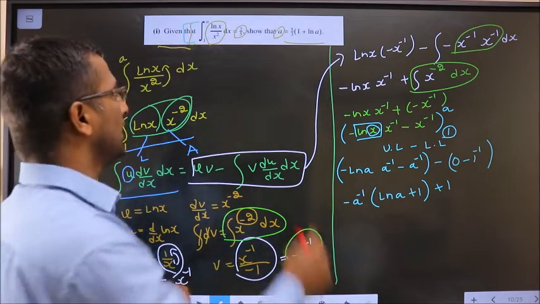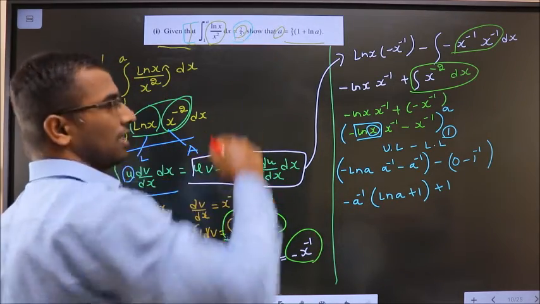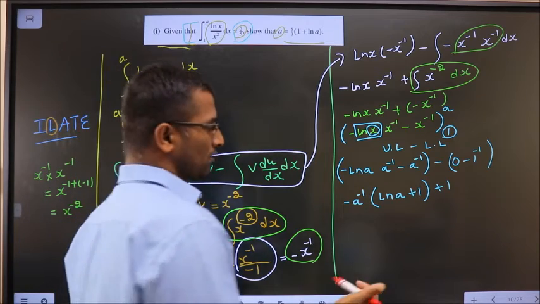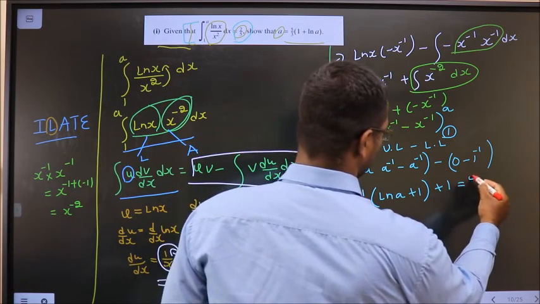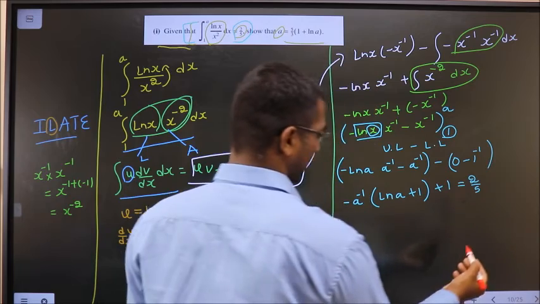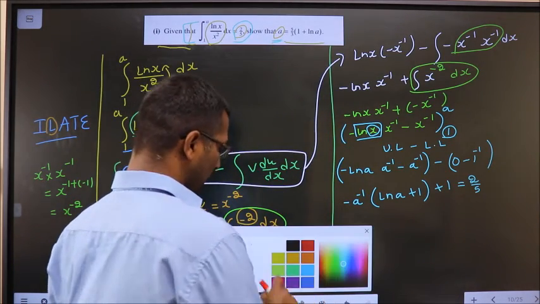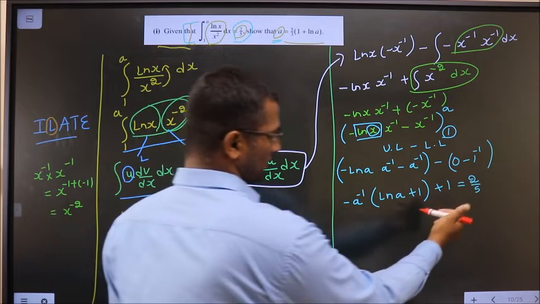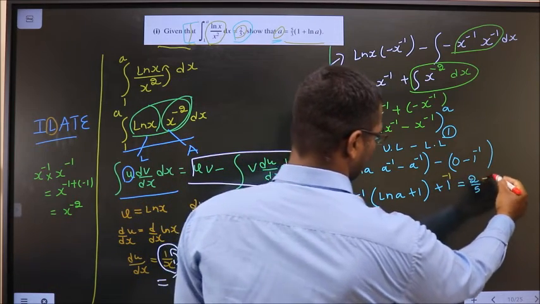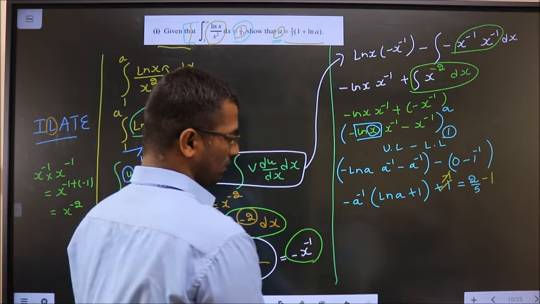Now this thing is equal to 2 by 5, as given. So equate it to 2 by 5. Next, you need to make a the subject. To do that, subtract 1 such that this cancels out.